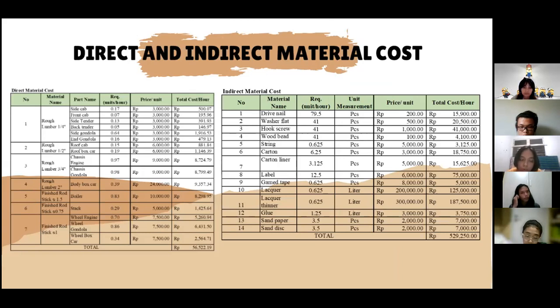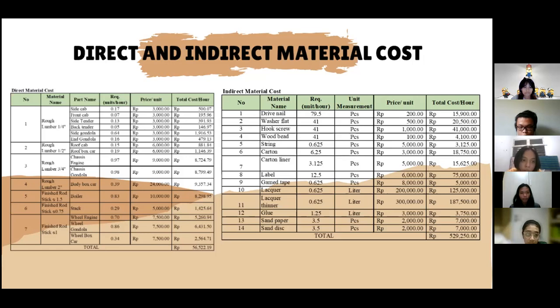The price per unit we need to assume, and the total cost per hour is obtained by multiplying the requirement units per hour with the price per unit. And the total of our direct material is 56,522.19 rupiah.